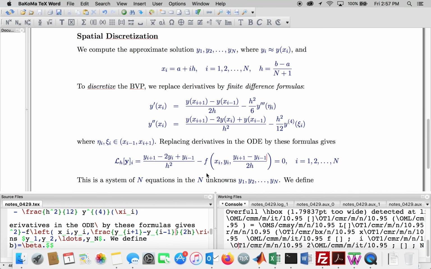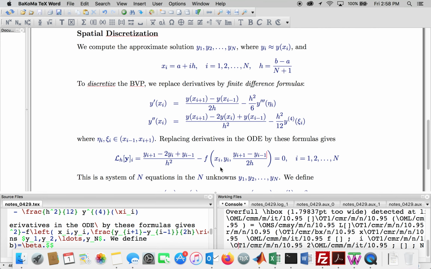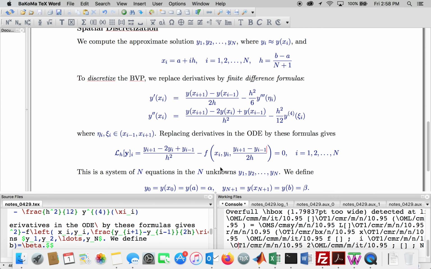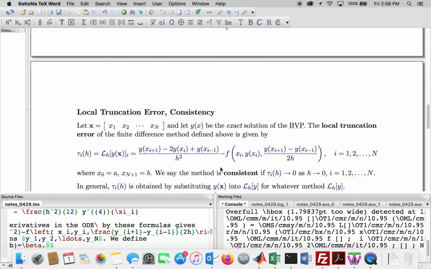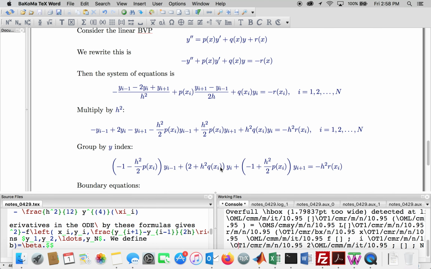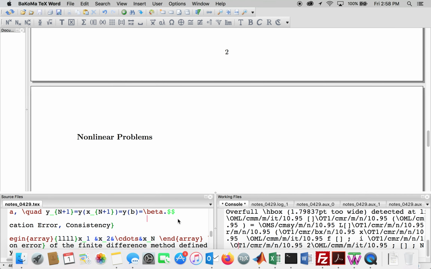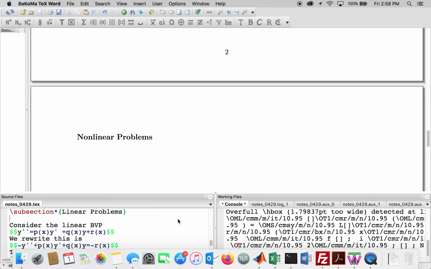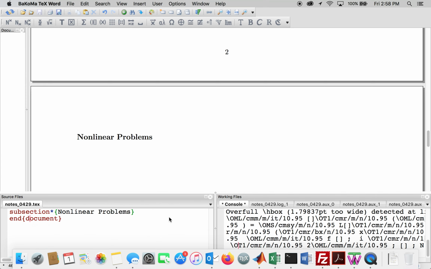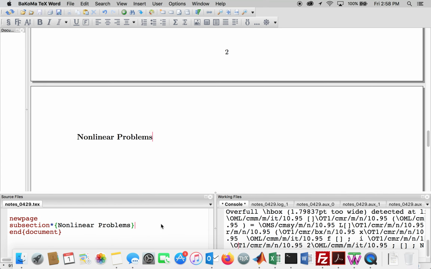So what I will do is write out the system for the nonlinear case, and then discuss how Newton's method can be used to solve it. So I'll carefully scroll here.